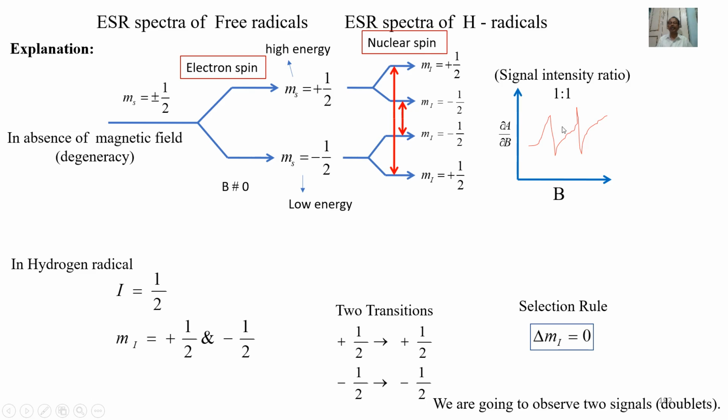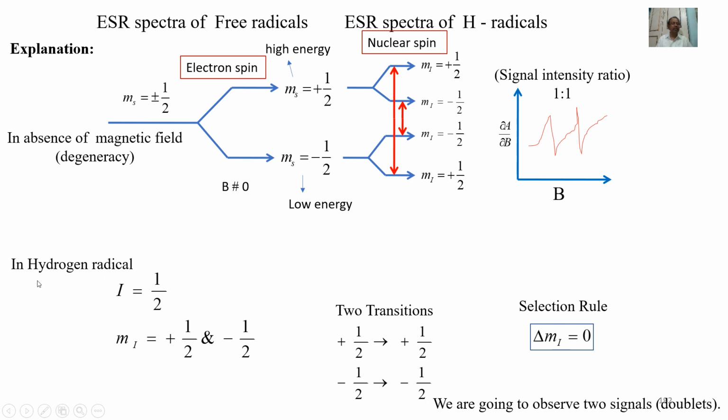We have two peaks here, plotted as dA/dB versus B. So this is the gradient of the absorption spectrum A with respect to the magnetic field B.